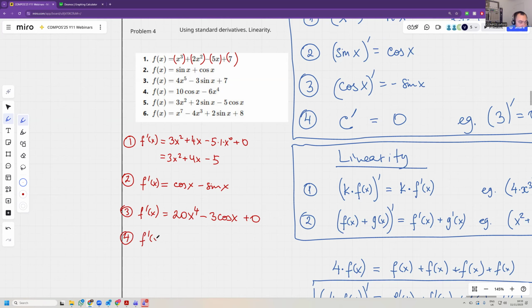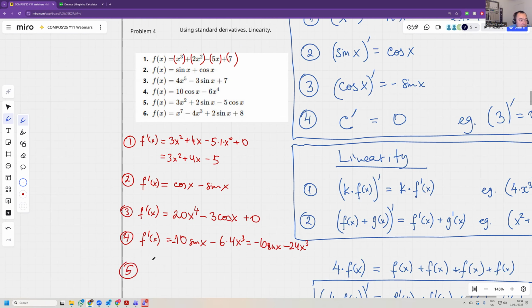The next one: we keep the 10, and then we find the derivative of cos, which is minus sine. So minus 10 sine x. Minus 6: we keep the 6, and multiply by the derivative of x to the power 4, 4x cubed. In other words, it's minus 10 sine x minus 24x cubed.